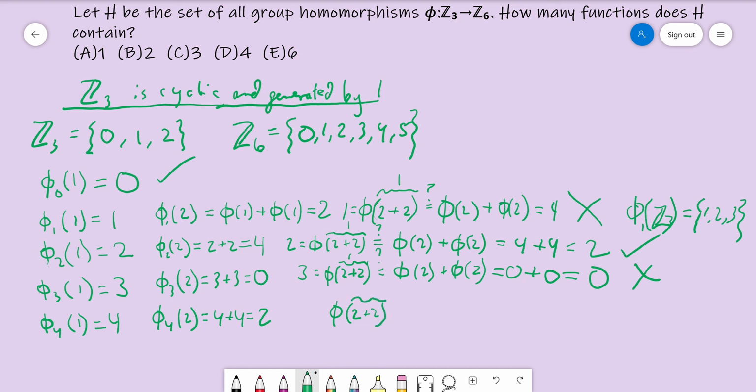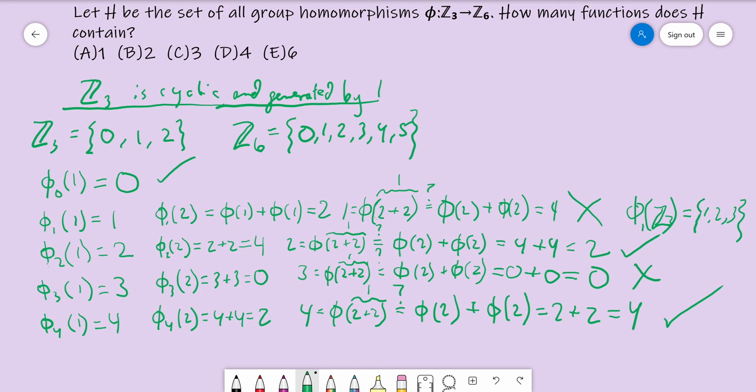Well, we know that 2 plus 2 in Z3 is just 1, so that's supposed to be 4 in Z6. Well, let's find out if it really is. So here's the question mark. Phi of 2 plus phi of 2 is equal to 2 plus 2, which is equal to 4. Yeah, that works. So that one is a homomorphism.